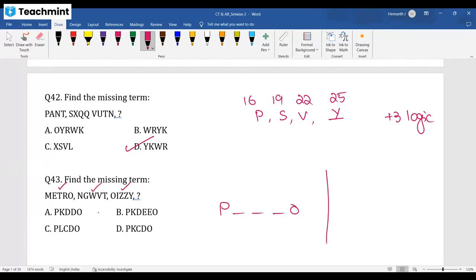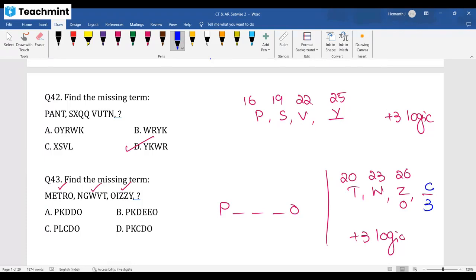T, W, Z, blank. T is 20, W 23, Z is 26. It conveys +3 logic, right? Listen, Z can be taken as 0 also. 0 plus 3 is 3, which is nothing but C letter. So third one must be C. Third one C, 2 options eliminated.